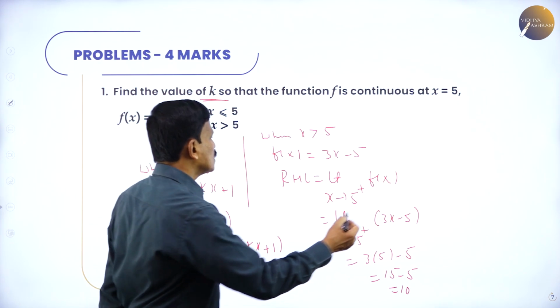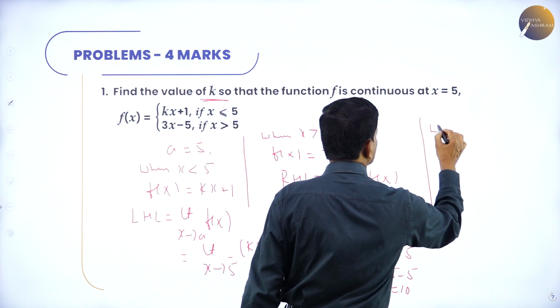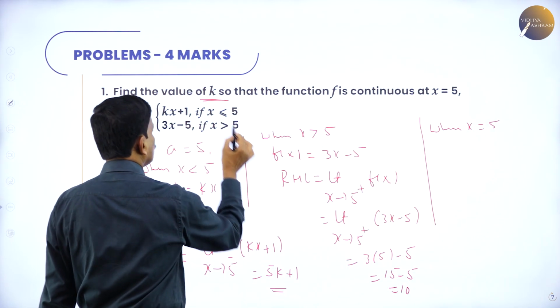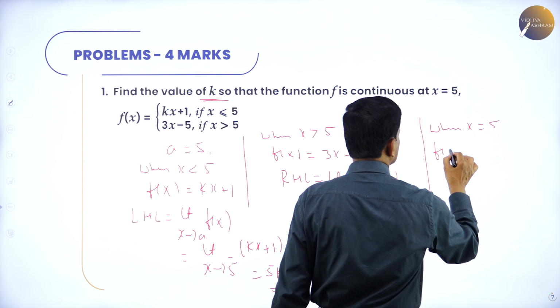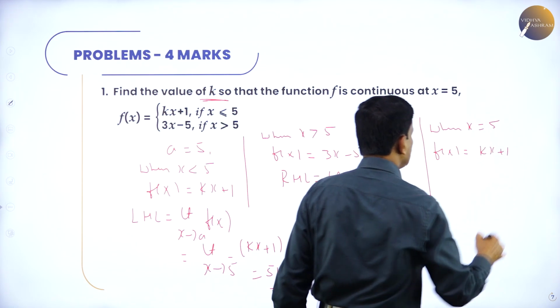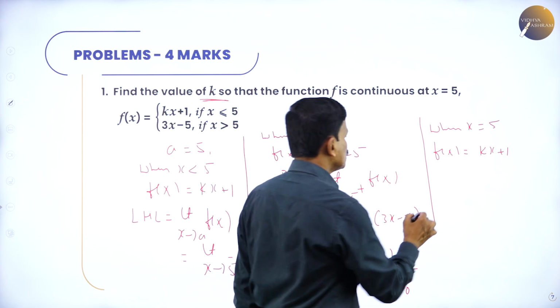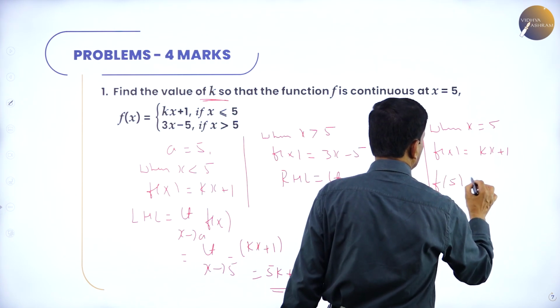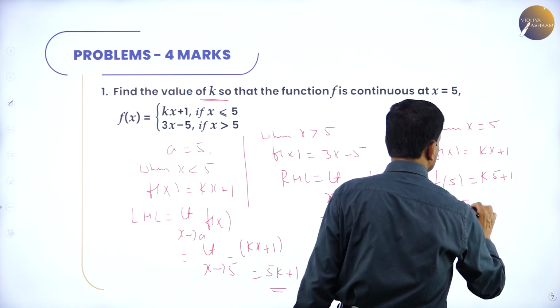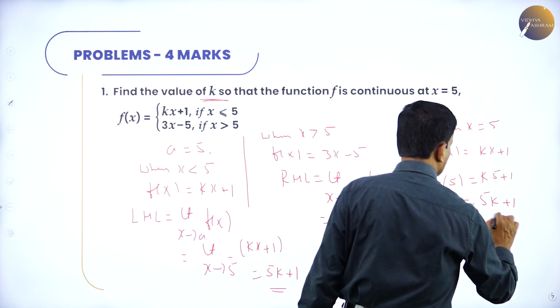Right. Next, when x is equal to 5, the functional value f of x is equal to kx plus 1. Now, what is f of 5? If you put x is equal to 5, f of 5 is equal to k into 5 plus 1, that is 5k plus 1.